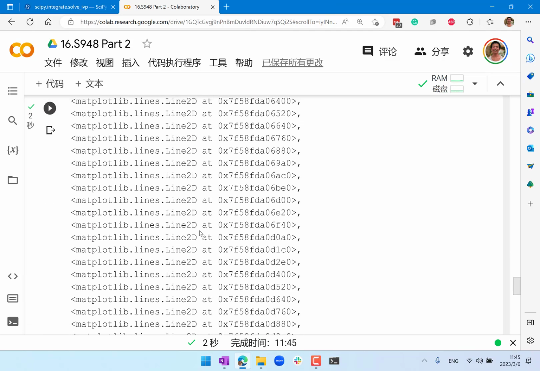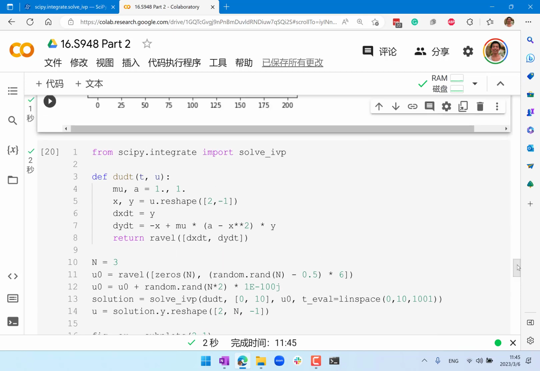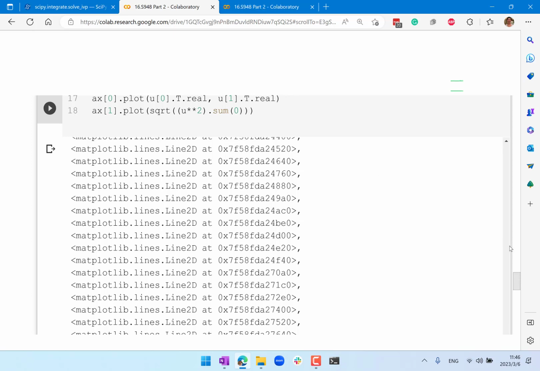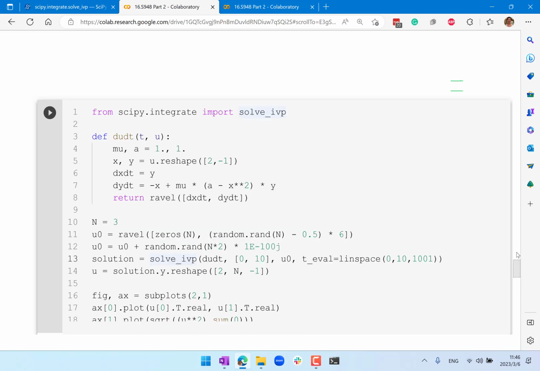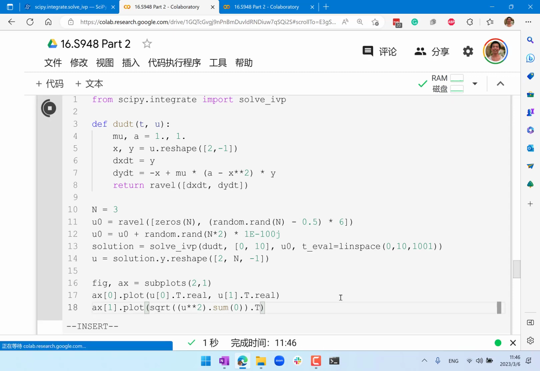I think I plotted too many lines. Transpose.